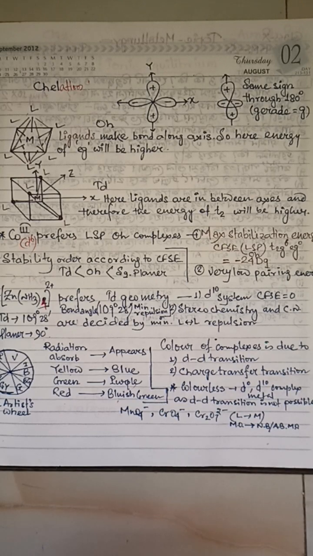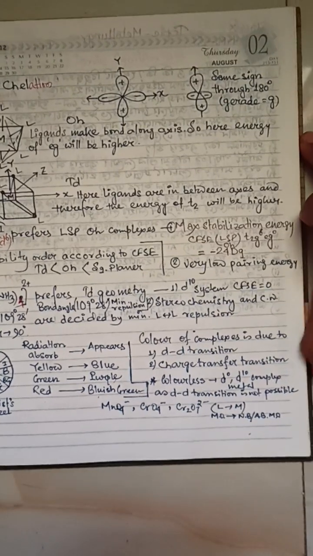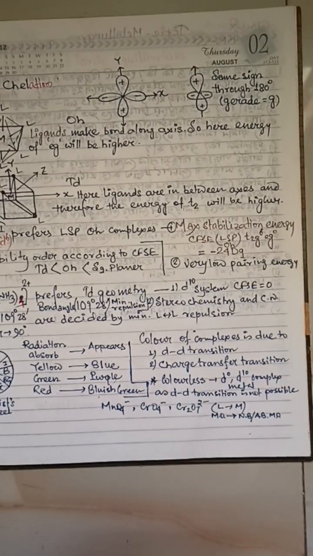Now the color of every compound or complex is due to two factors. We have already discussed in previous classes the d-d transition, that means d to d, that is t2g to eg, eg to t2g, a transition between two sets. If a d-d transition occurs for a particular complex, we have a colored complex.